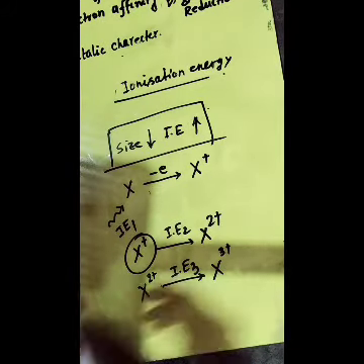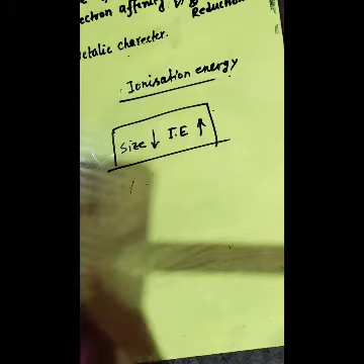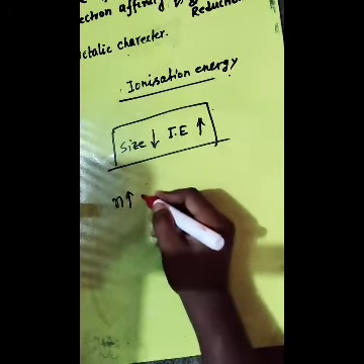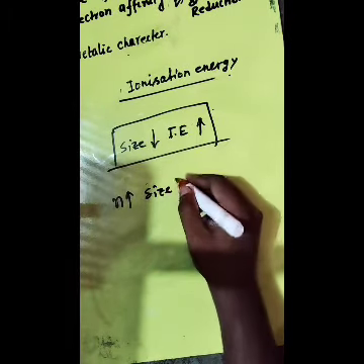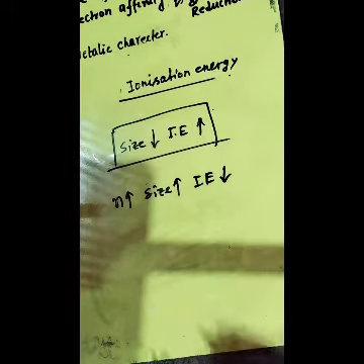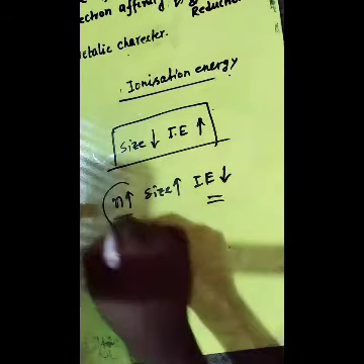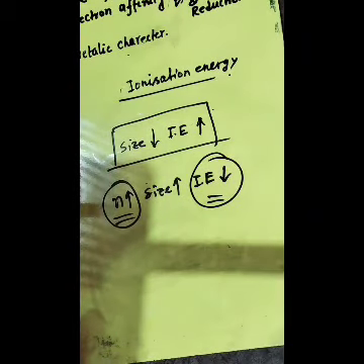So first is ionization energy 1, then second ionization energy, and then third ionization energy. If the principal quantum number of the valence electron increases, then the size of the element increases, therefore ionization energy decreases. This is the simple relation between the principal quantum number and ionization energy.